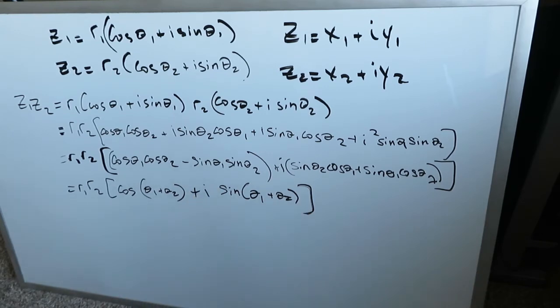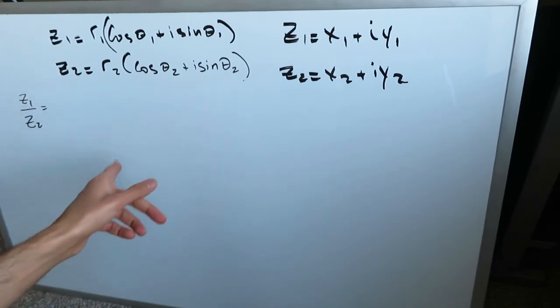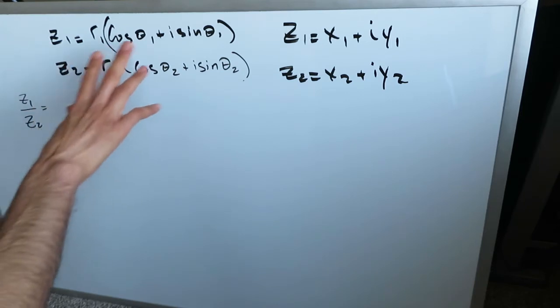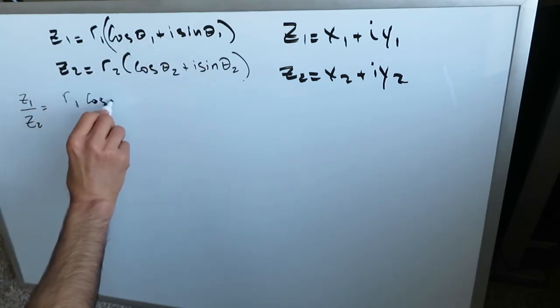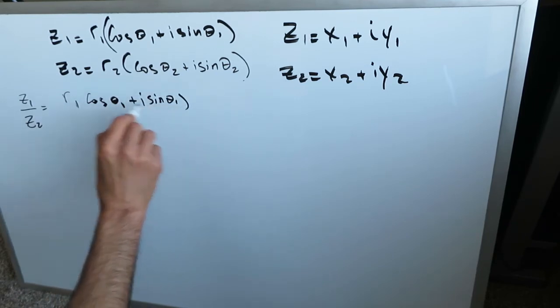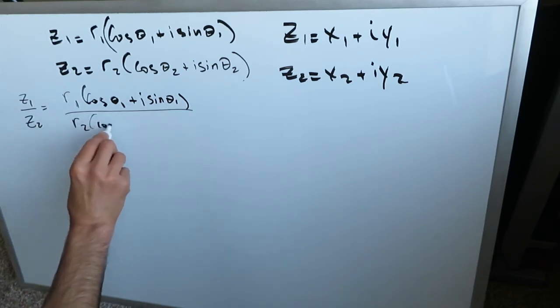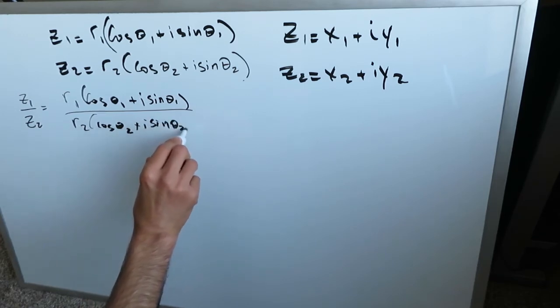Let's look at the quotient formula next. The division of two complex numbers will yield a specific formula using many of the same techniques I just presented and the identity, but we'll get a slightly different formula, and we want to see what that formula is. So just look at what you have over here. Z1 over Z2 is what? It's R1 times cosine theta 1 plus I sine theta 1, divided by R2 times cosine theta 2 plus I sine theta 2.